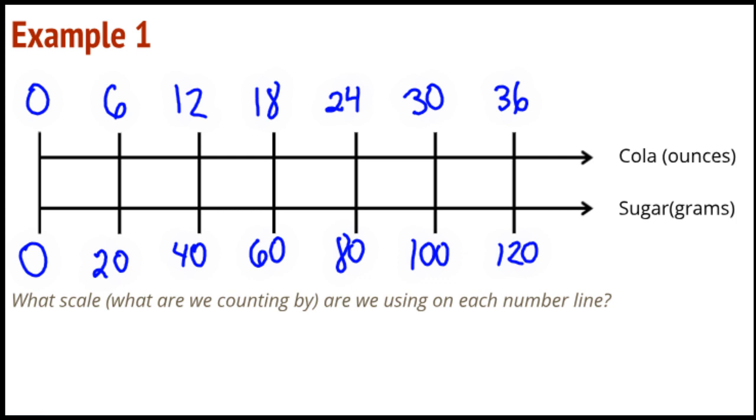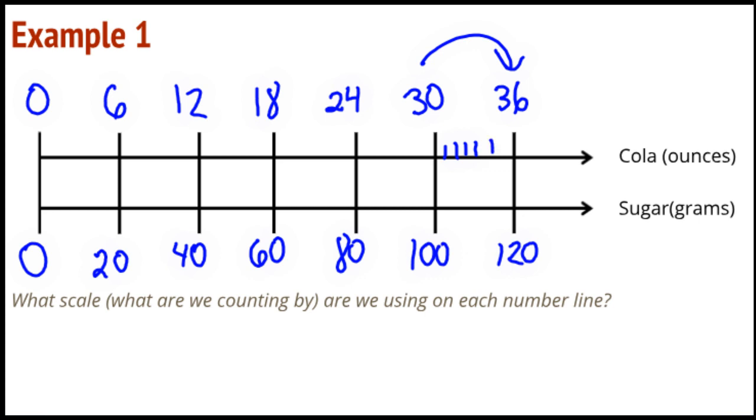So when we go from 30 to 36, what are we going to count by if we want to land on 34? What do I count by? Well, I could count by ones. 31, 32, 33, 34, 35, 36.